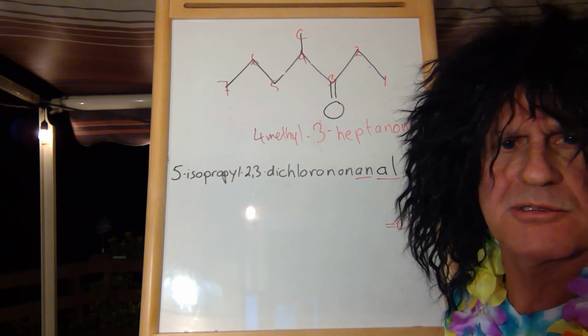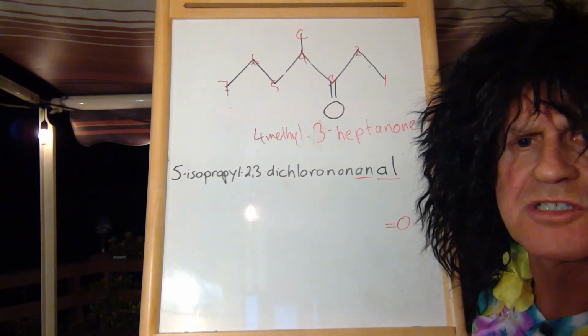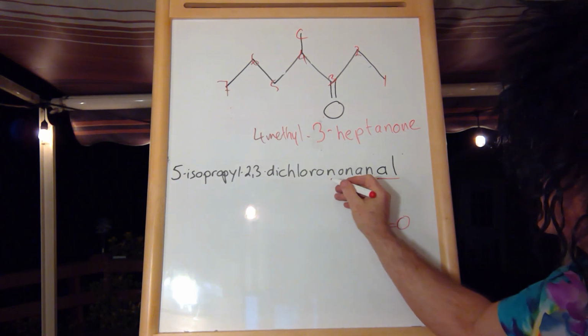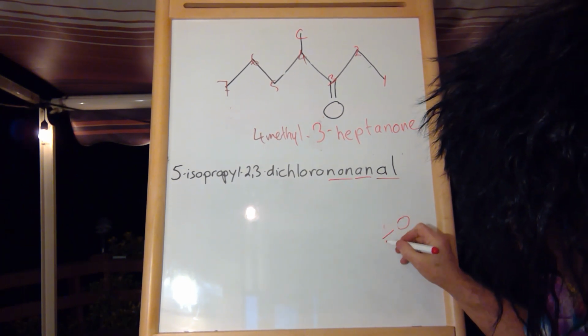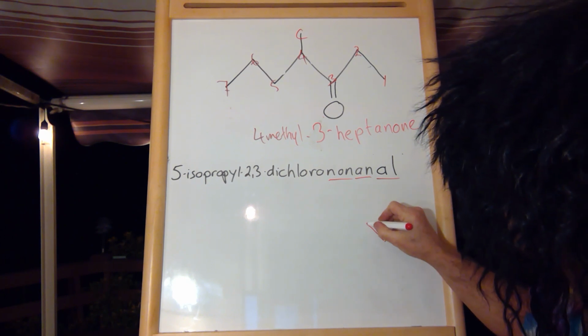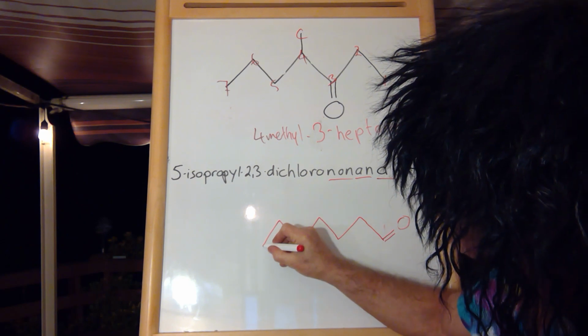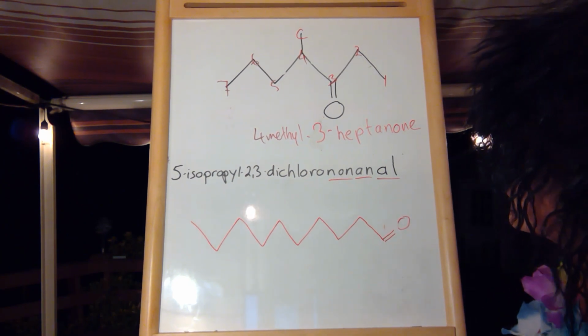It doesn't have any double bonds, it doesn't have any triple bonds, it's going to be single bonds throughout, which is a bit of a relief because we don't have to worry about where to put the double bonds. And it's nonane. So let's have a look at this. I'll change the angle here, and then we go 1, 2, 3, 4, 5, 6, 7, 8, 9. And there's our nonane structure.